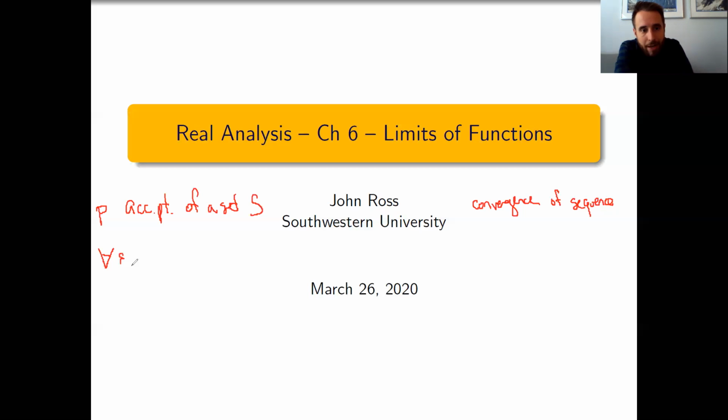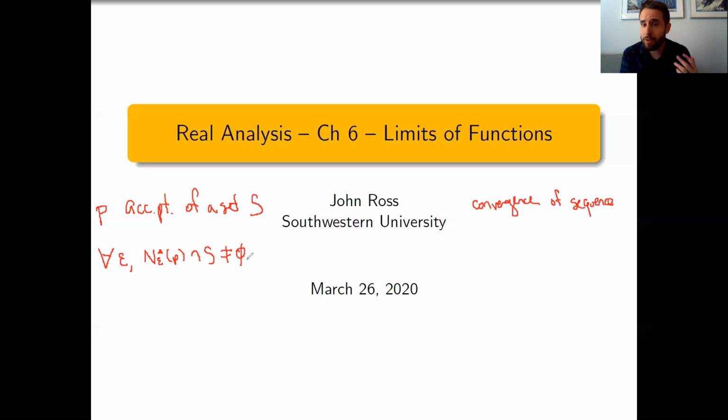So we said for all epsilon, the set that included the deleted epsilon neighborhood of P and the set S, that set was not empty. Or in other words, within any deleted epsilon neighborhood of our point P, we can still find points of S in there.